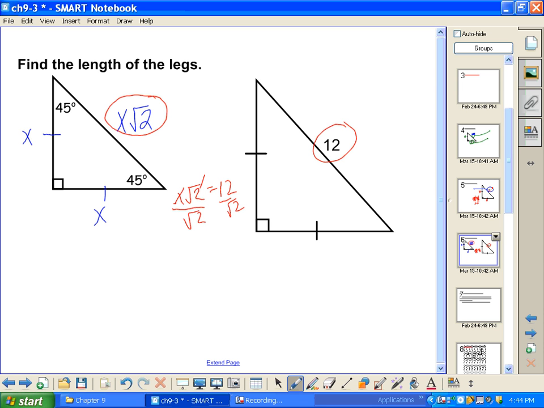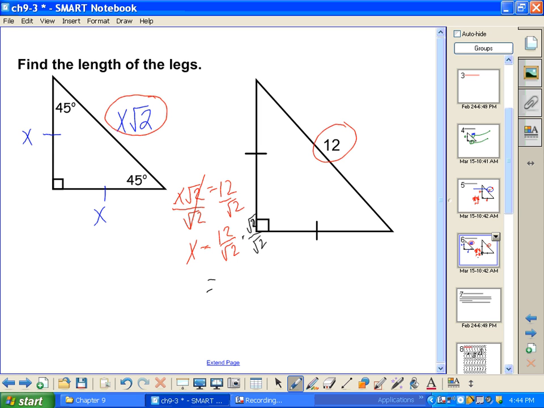When I do that, my radical 2's cancel, and I'm left with x equals 12 over radical 2. But remember back to your Algebra 2 days, we do not like radicals in the denominator. We need to rationalize that denominator. In order to do that, we need to multiply by a factor of 1, meaning I need to multiply by radical 2 over radical 2.